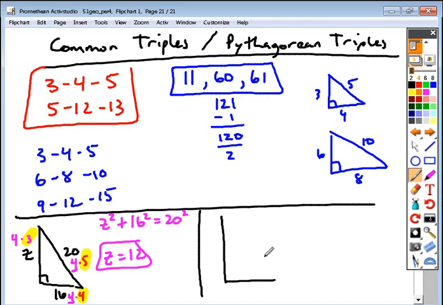Try taking a look at this example really quickly, please, and see if you can find out what A is using that same idea of finding a pattern, a multiplier, and then identifying the unknown.